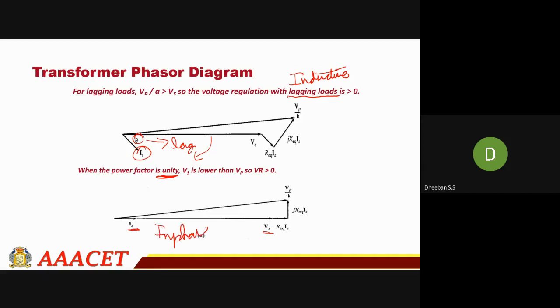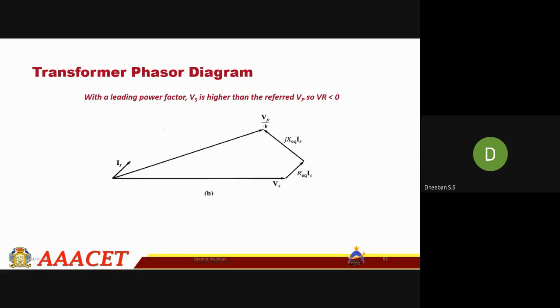There is no phase displacement, so phi, or theta, will be 0. Next, with leading power factor, your Is will be leading your Vs, so your Vs is higher than the referred Vp by K. Your voltage regulation for a capacitive load will be less than 0.